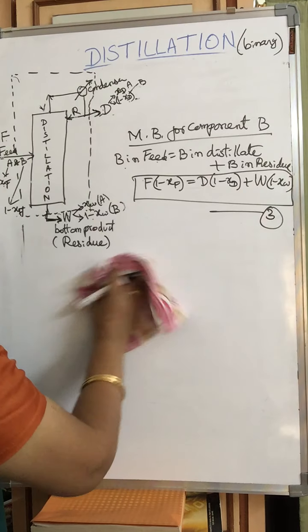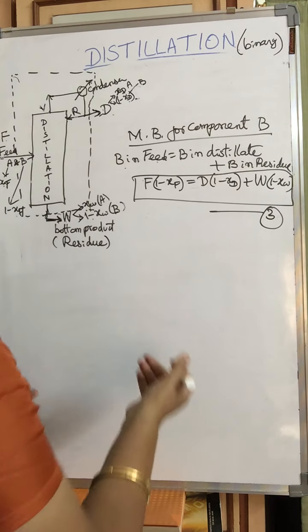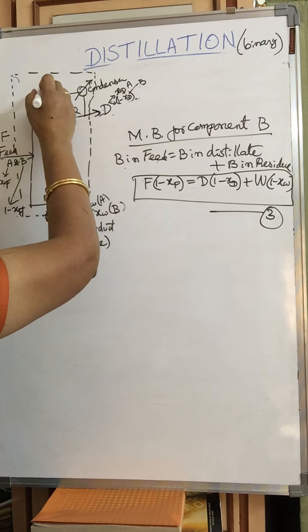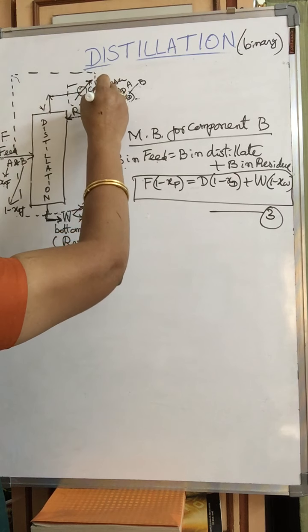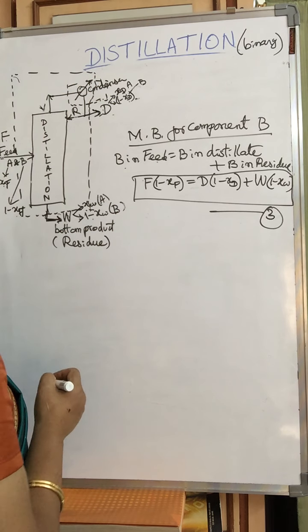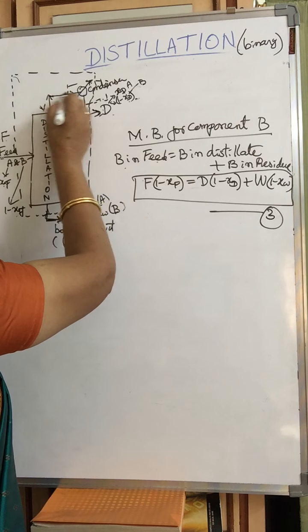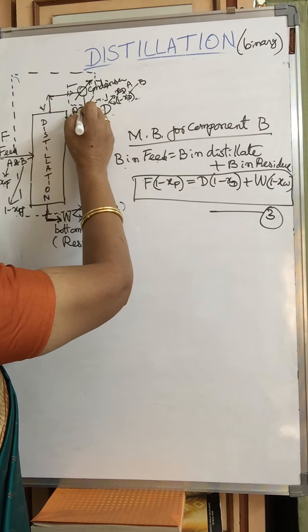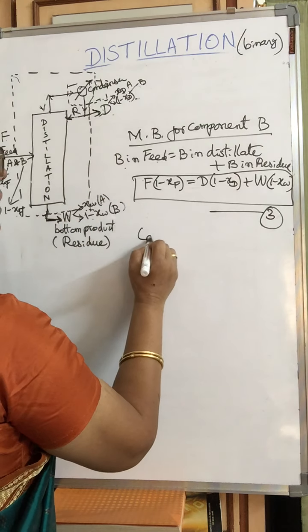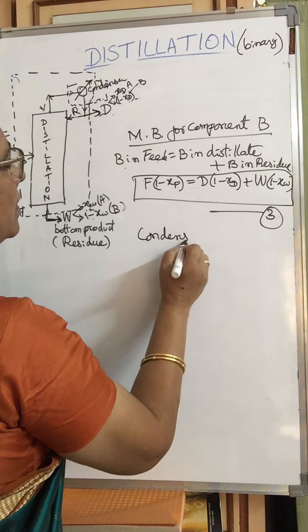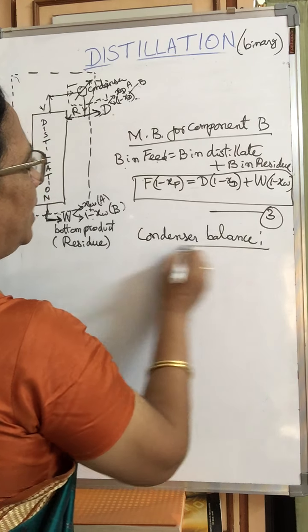Now we shall write another part, material balance for another part, that is only for the condenser here. For the condenser we draw the material balance. Okay. Here. So this is the input here and this is the output here for the condenser. So condenser balance. Condenser balance.